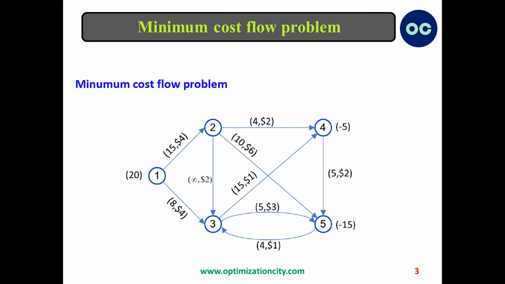The arc has a specific direction, meaning the material can be transported from one node to another in that direction. For instance, we can send the material from node 1 to 3, but we cannot send the material from node 3 to 1. We use the notation ij to indicate the arc going from node i to j.